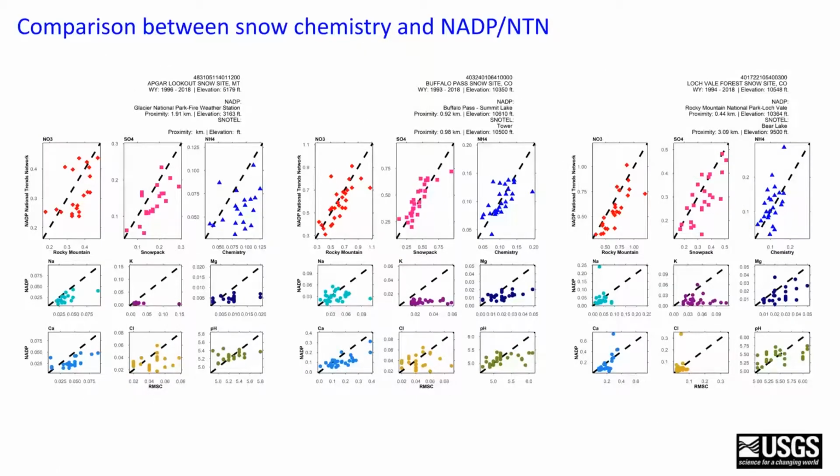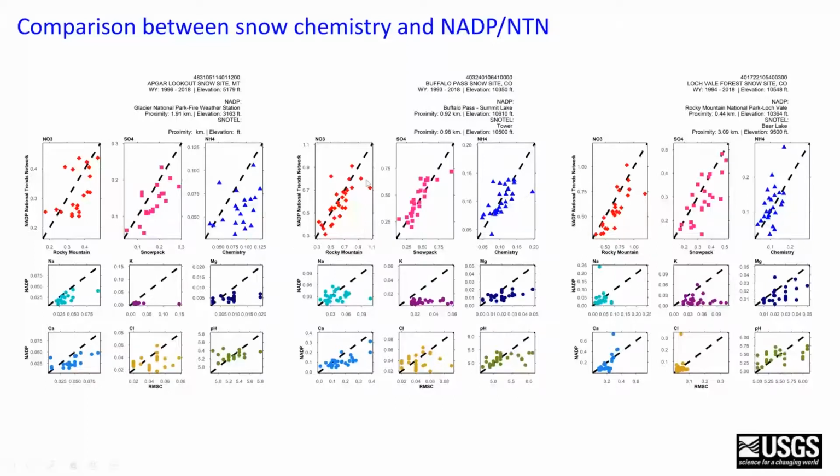And this is something I've been working on recently, as I mentioned. It's a follow-up on a study that Dave Clow did many years ago, but now we have a lot more data, and we're trying to look at these sites where we have snow chemistry data at NADP gauges. So we're looking at the comparisons. These are 3 different sites where we have these co-located observations.